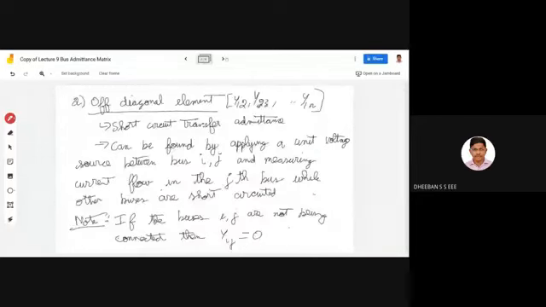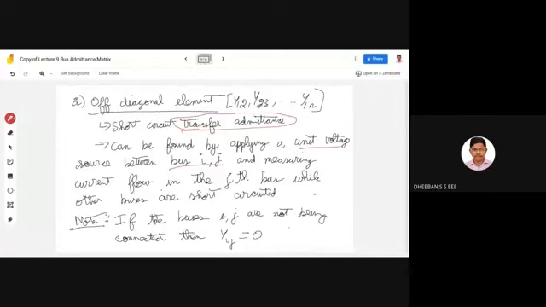Coming to the off diagonal elements, they are called short circuit transfer admittance. How can it be found? It can be found by applying a unit voltage between buses. In the previous case, the diagonal element, it is applied between the bus and the reference bus, but here it is applied between two buses.